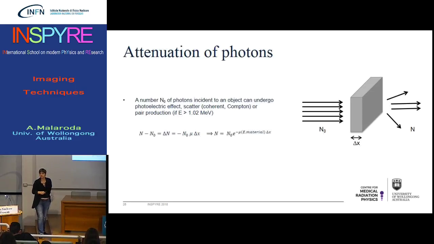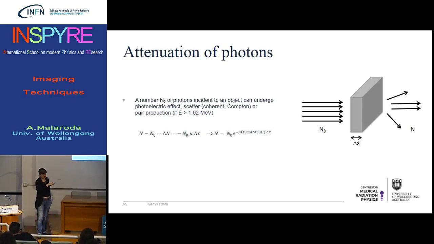It's proportional to the number of photons I'm shooting to the material, and it's proportional to the thickness of the slab. And then it's proportional to another number, mu. And I can rearrange this equation, and I can describe what happens with this exponential.